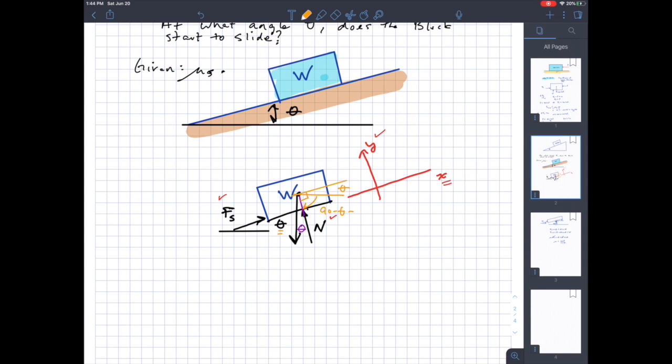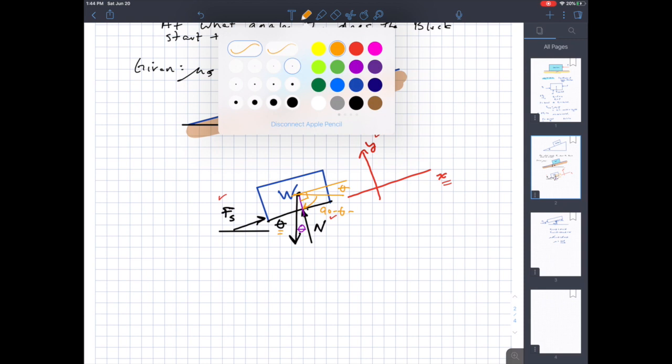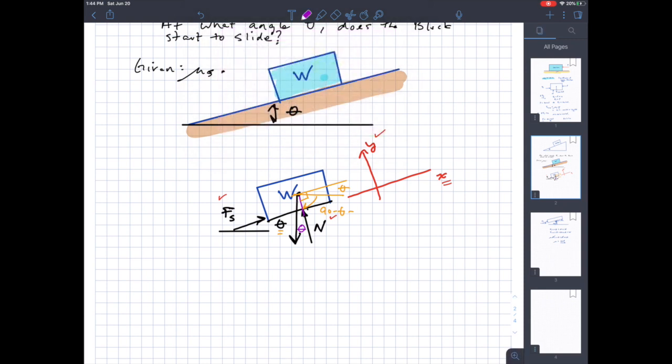Then finally, I know that this angle is 90 degrees, which logically implies this must be theta. So think through your geometry, but that's how I moved that angle theta around. You work a few of these problems and you start to see it pretty quickly.